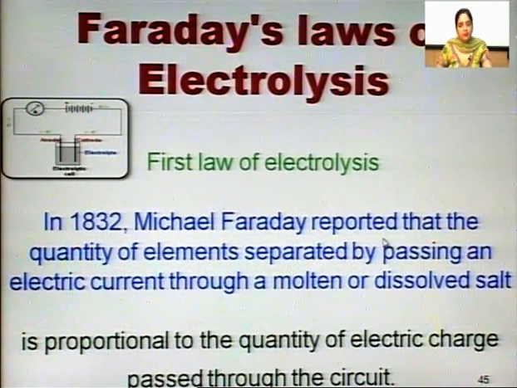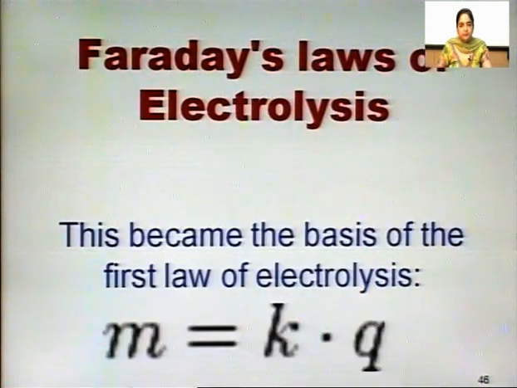Michael Faraday reported that the quantity of elements separated by passing an electric current through a molten or dissolved salt is proportional to the quantity of electric charge passed through the circuit. This became the basis of the first law of electrolysis. M is equal to K into Q.